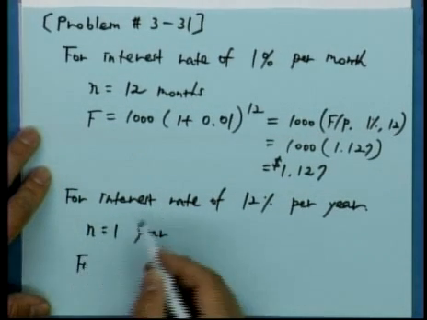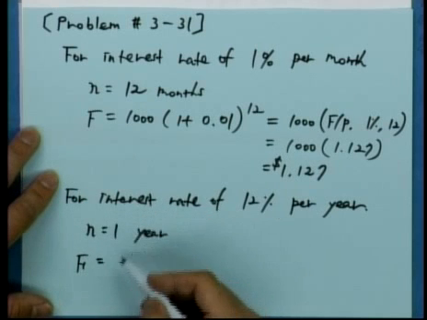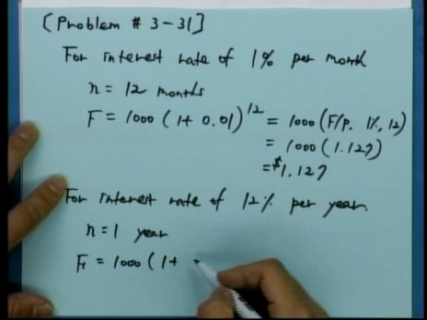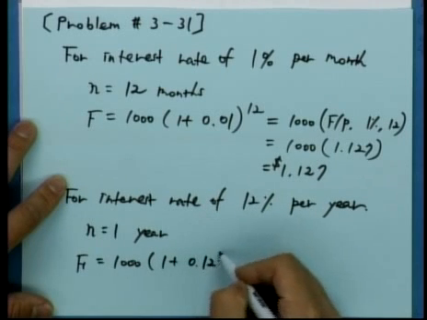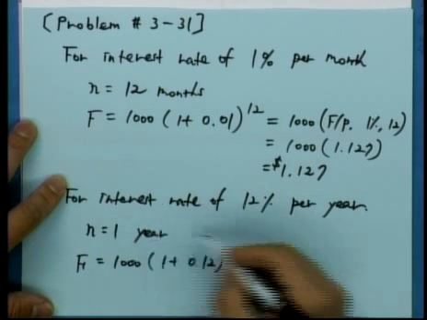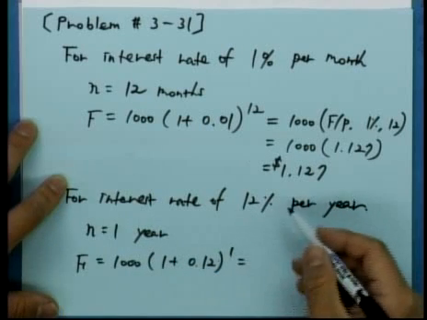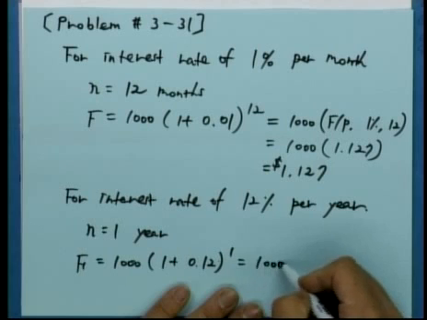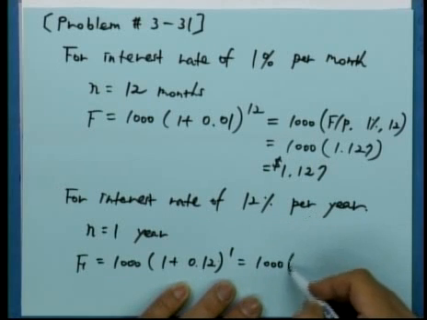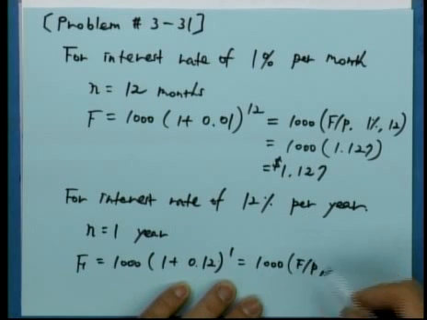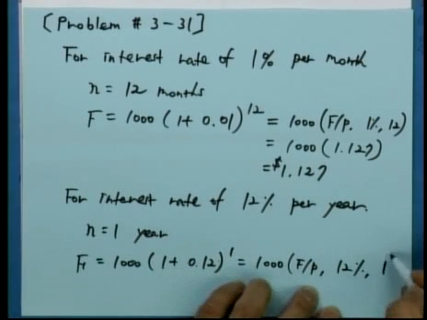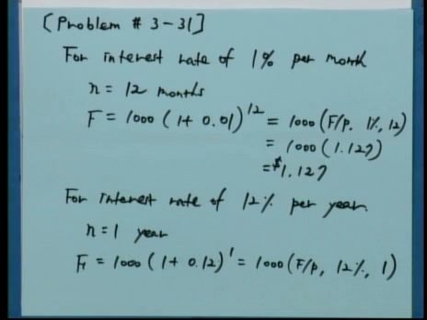So using the same formula, F equals 1,000 times 1 plus 0.12 to the power 1 this time. Another expression is 1,000 times F given P, 12% over 1 period, 1 year.